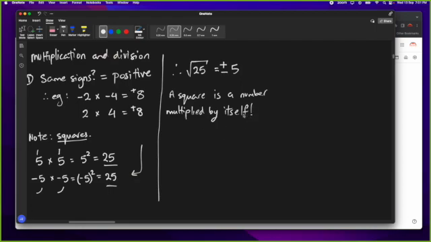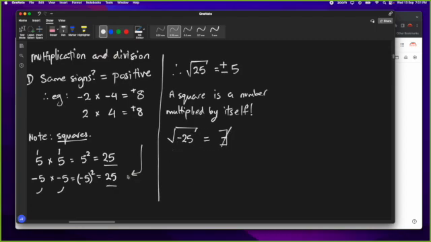That is why it is impossible to have the square root of a negative number. You could never have a negative number. The square root of a negative number does not exist.